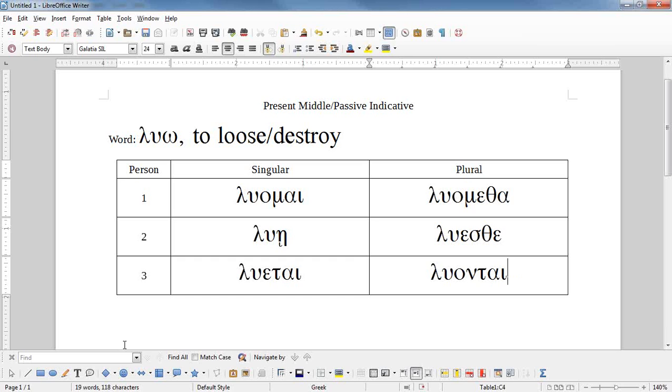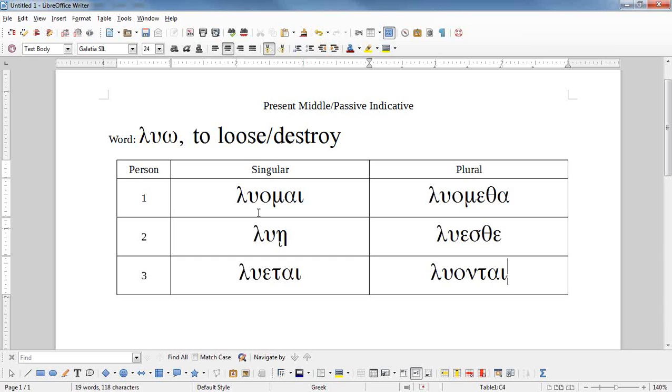Okay, so let's go through and I'm going to read them to you. If you want, you can repeat after me. First person singular, you pronounce it luomai, luomai. Good. Second, lue, lue. Third, luetai.